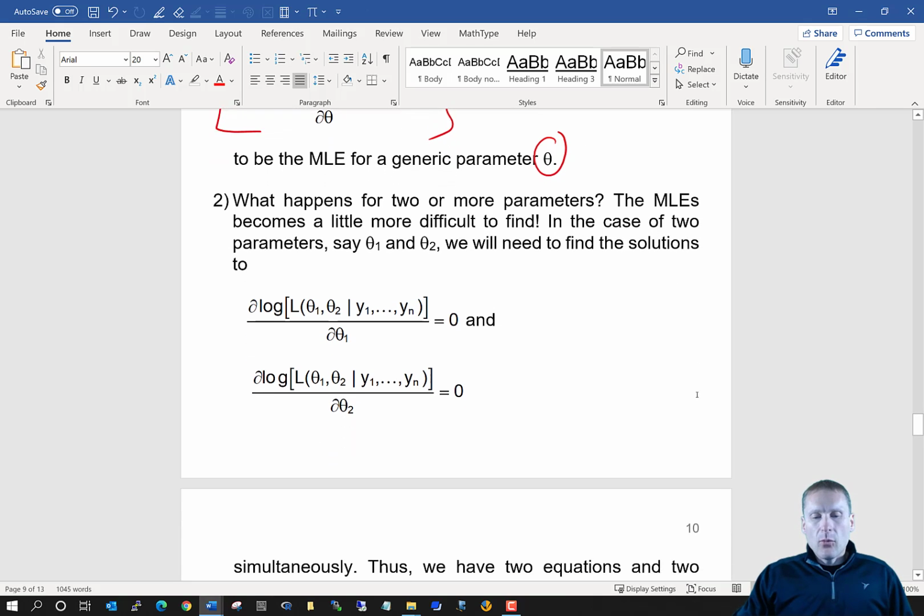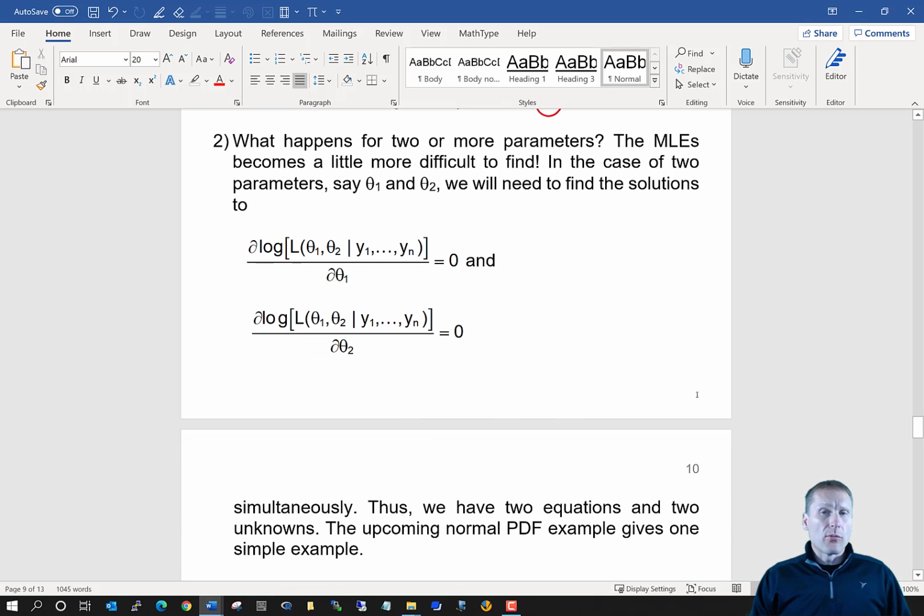Now, what happens if you have 2 or more parameters? Perhaps you have a likelihood function that's written in terms of, let's say, theta 1 and theta 2, where theta 1, theta 2 are some parameters of interest. Then finding the MLEs becomes a little bit more difficult. In this case, you need to take the partial derivative with respect to each of the corresponding parameters of interest.